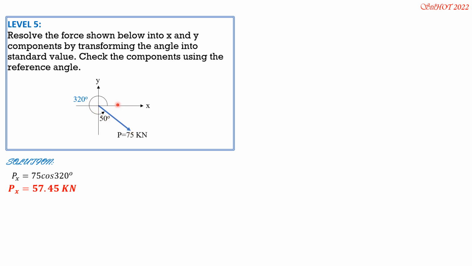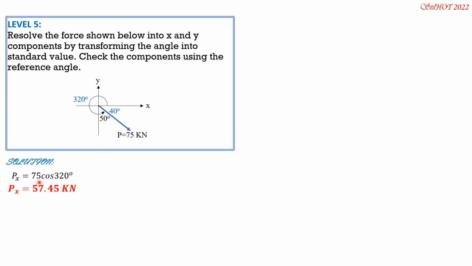Obviously, Fx is positive. Then for the y component, for the other technique, if you use this angle, it should be clockwise, so it is negative 40. The reference angle is positive 40, but in standard form, if you measure it in clockwise direction, negative 40.